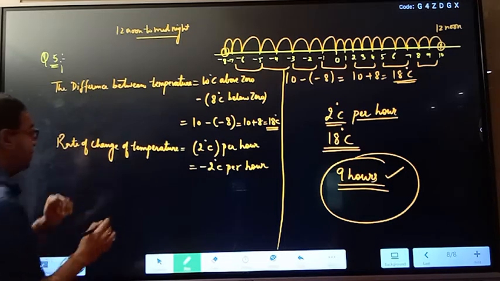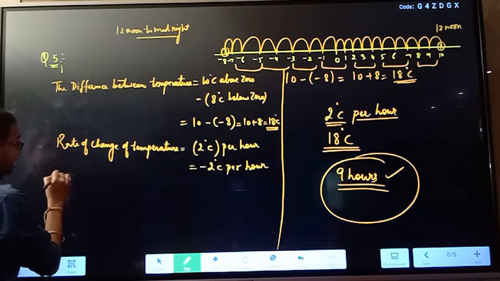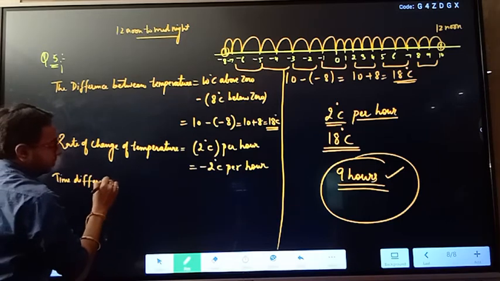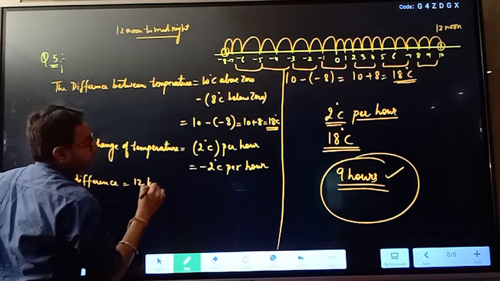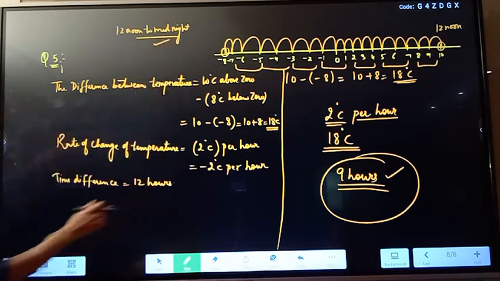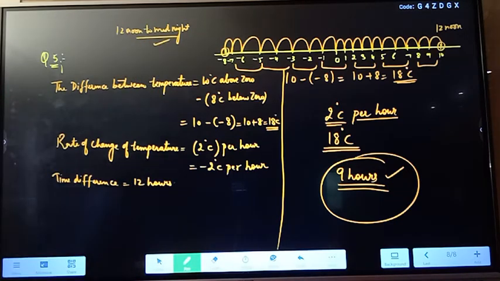What would be the time difference from 12 noon to midnight? That's 12 hours. Any doubt? Because from 12 noon to midnight the difference is 12 hours. Clear with this? So therefore, can you tell me the change in temperature in 12 hours?